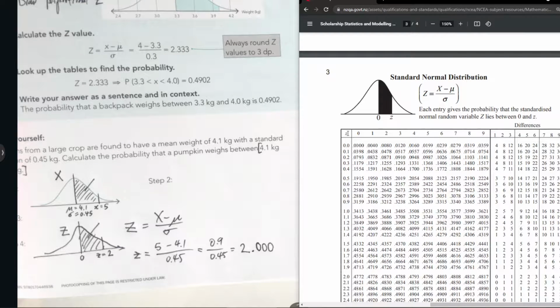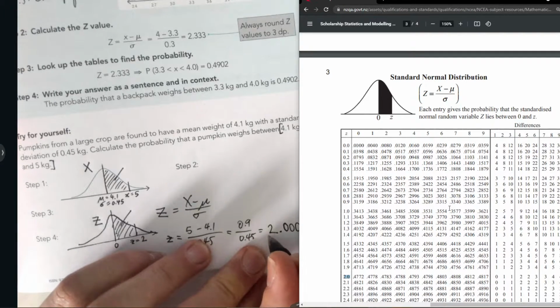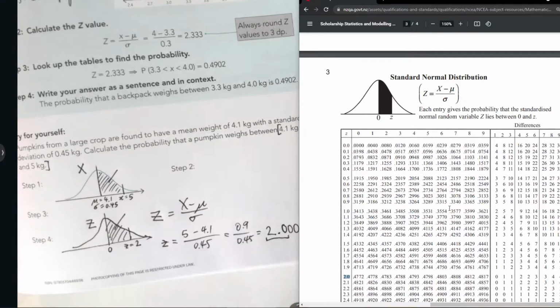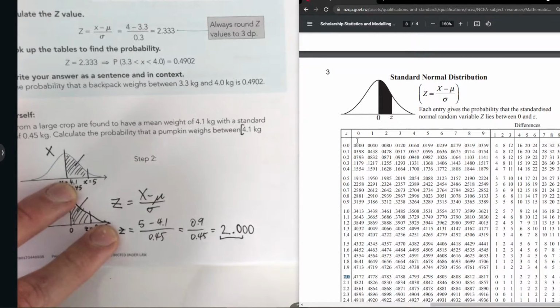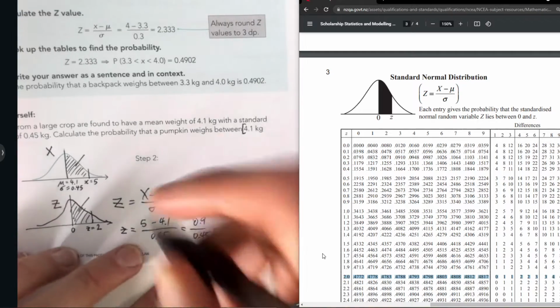So now we go to our tables, we go to Z, and we go down to 2.0. The reason I put this is the 2.0 is this aspect, right? And then the extra DPs, you normally highlight this, and then you look over to 2.00, so it would be 0.4772.